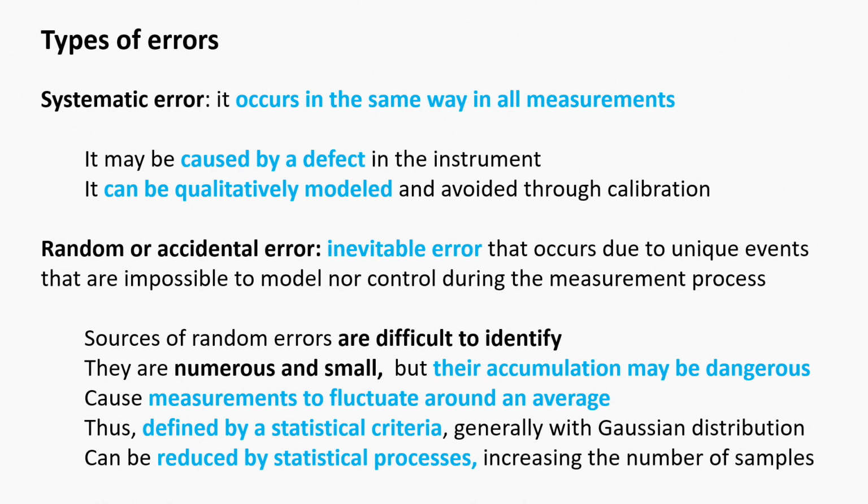They normally fluctuate, and the good news is that they normally do it around an average. So they can be defined by statistical methods, normally with a Gaussian process, and can be reduced further in the microcontroller with a digital filter or any other numerical process.